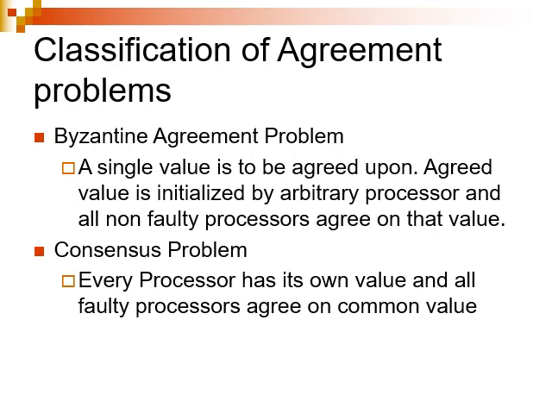Then the second type of agreement problem is the consensus problem. That is very relevant to blockchain. In blockchain, every processor has its own value. In the consensus problem, every processor has its own value, and all non-faulty processors agree on a common value. Every processor has one value, and all the processors have to agree on some common value.